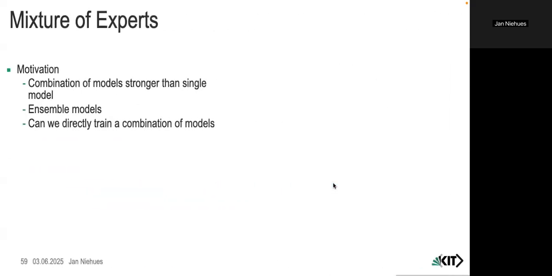The motivation, and the idea of this is already quite old, is that typically a combination of models is stronger than one single model. We've seen that today already with the interpretation of dropout as a combination of models, also showing that it works better. And people have done that in ensembling.